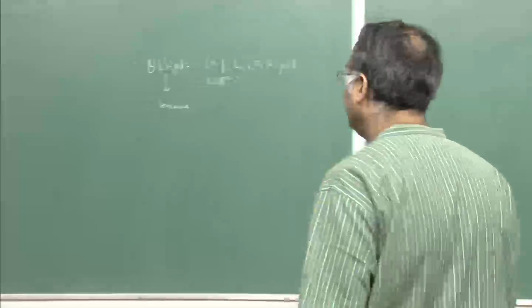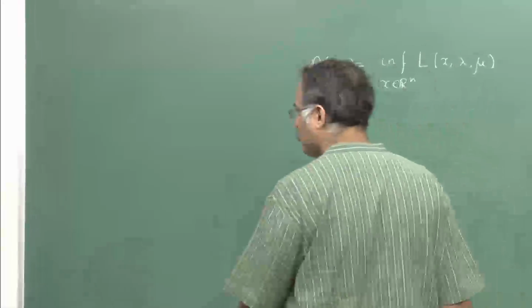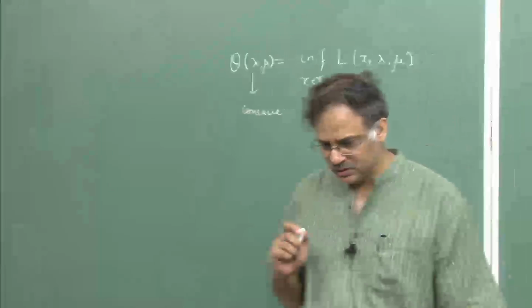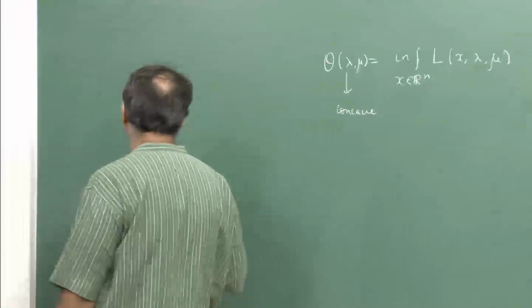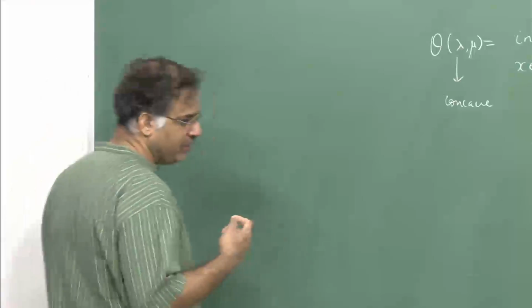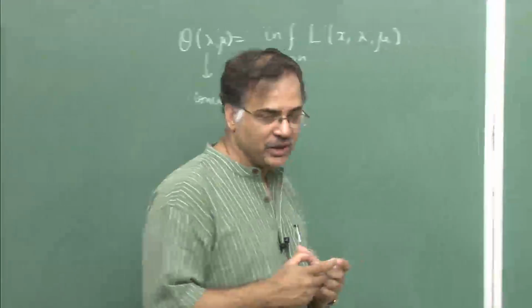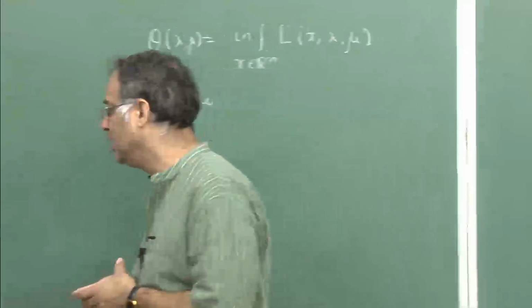Let me tell you something before I actually give that example from that book, showing that there can be a situation where theta lambda is actually differentiable, not just non differentiable.